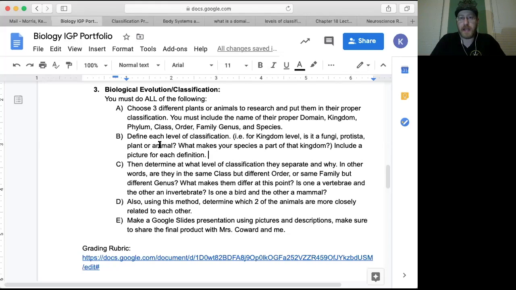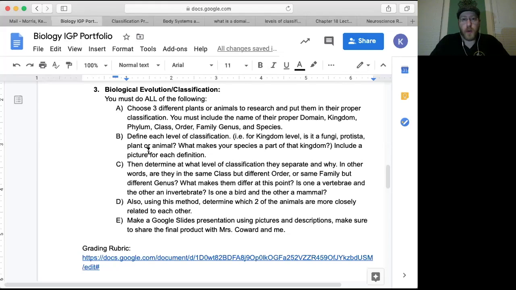If you choose a plant, then choose a picture that represents the plant kingdom, explain the definition of the plant kingdom, and explain why your species falls under it. You will do this with every single level, starting with domain all the way down to species.